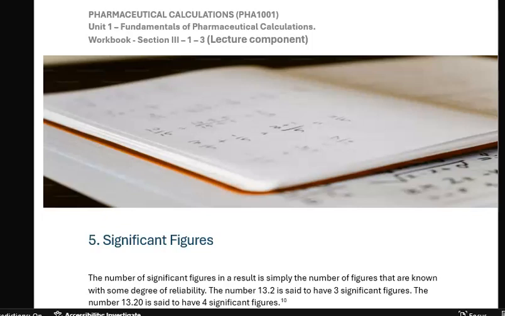If you multiply a number with many places of decimal, like 5 places, by something with 1 place of decimal, then the 1 place of decimal number has the least significant figures. It simply means your answer should be reported to that.